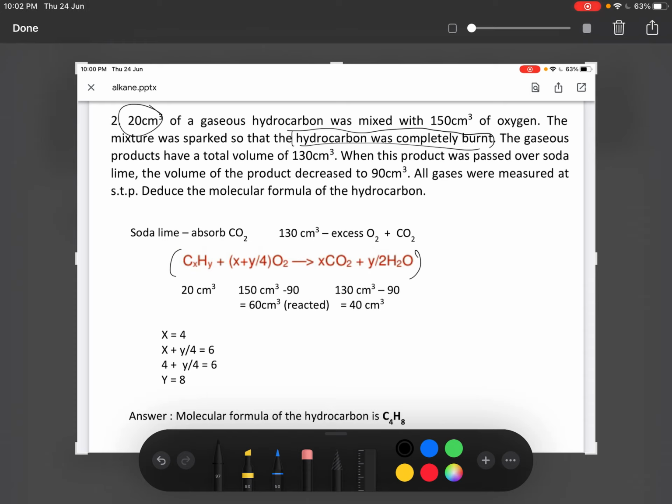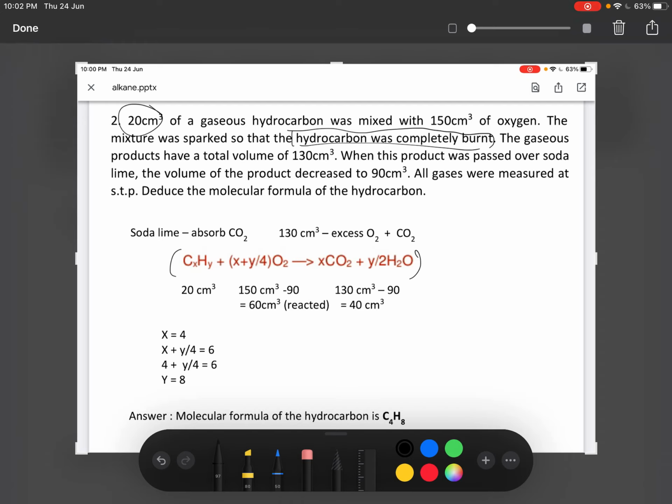This is in the UEC textbook. I'm not going to memorize this because we're doing open book anyway, but it's worth noting that this can be used for all hydrocarbons. So it says here, the hydrocarbon was completely burned. That means we might have excess oxygen, but all 20 is used.